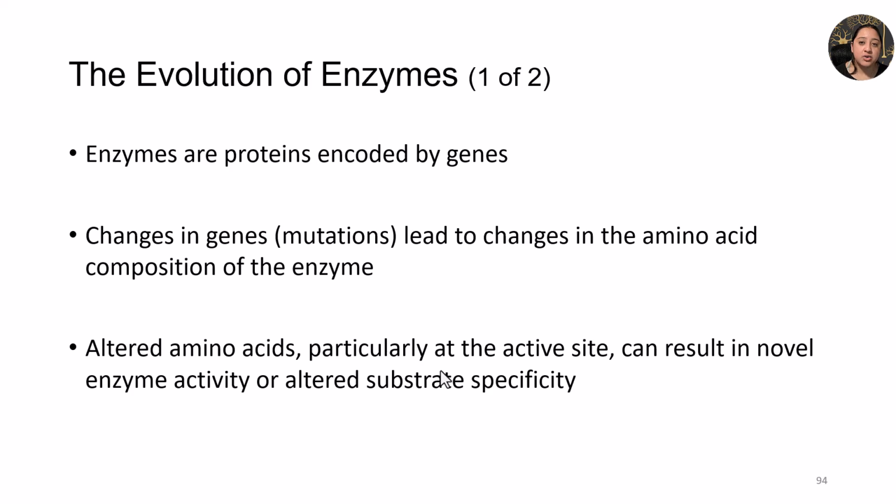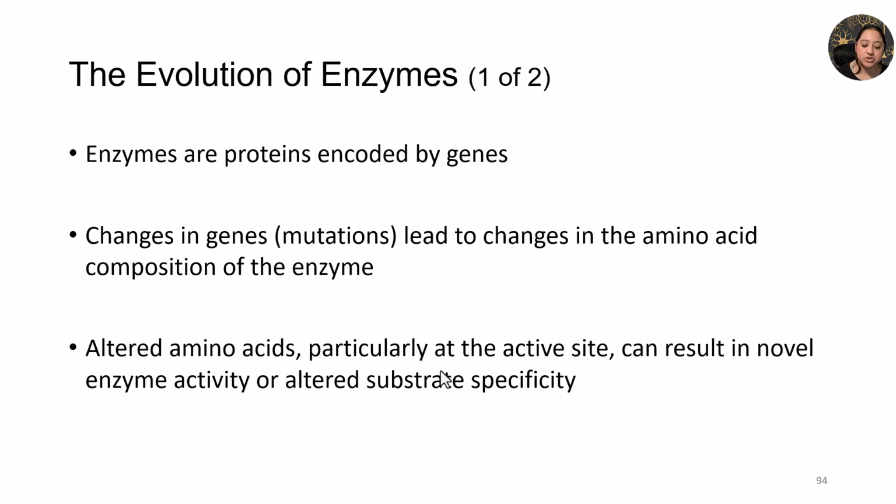So how do we have all these different enzymes for all these different reactions? Enzymes are proteins, just like other ones, and they are coded by genes. So the genes go through the processes of transcription and translation to be made into proteins. And if there are changes in the gene, so mutations, this will lead to changes in the amino acid composition of the enzyme.